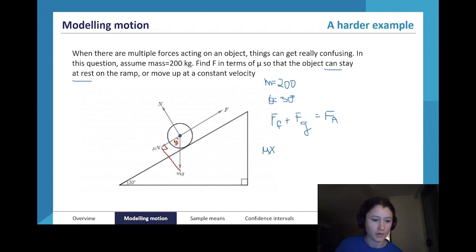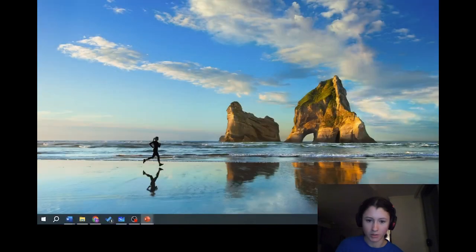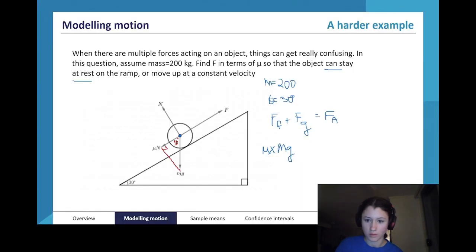We know that our normal force is going to be equal to mg cos theta. And that is our normal force.